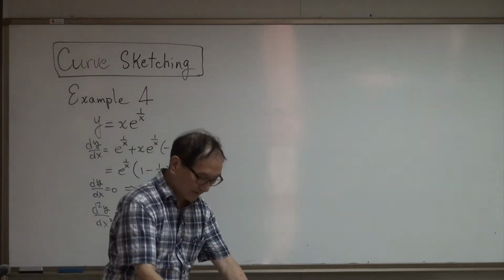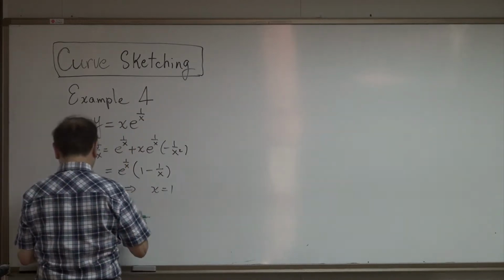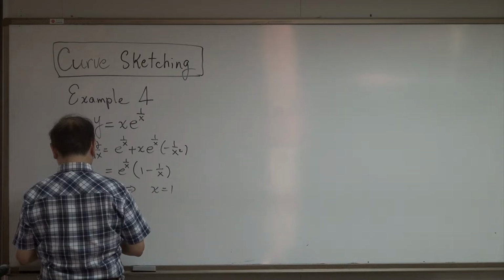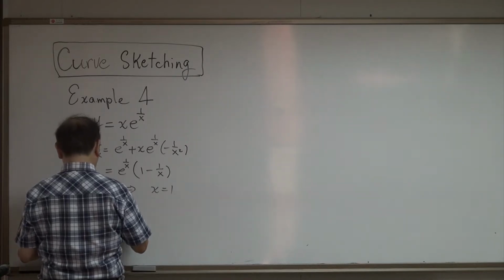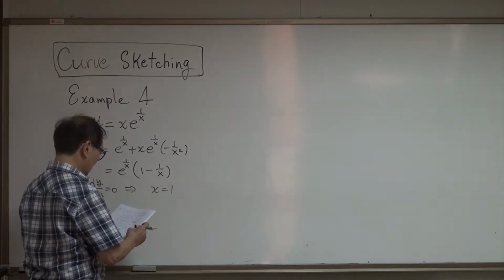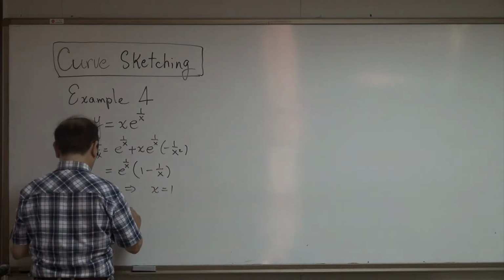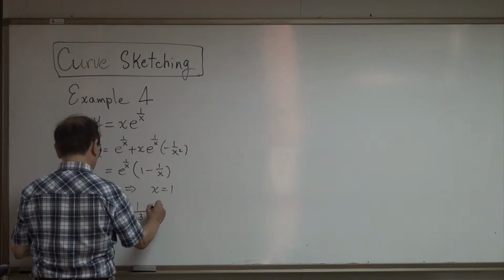To save your time, I just write the result because it's a little complicated. This one is equal to 1 over x cubed e to the 1 over x.